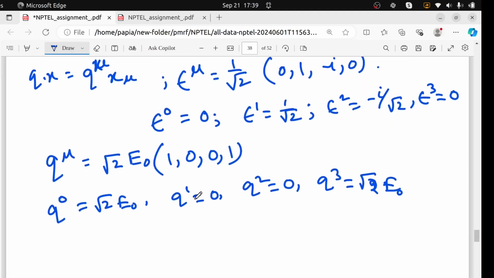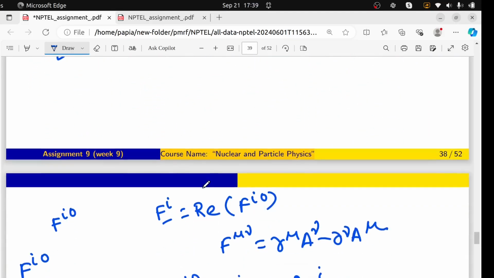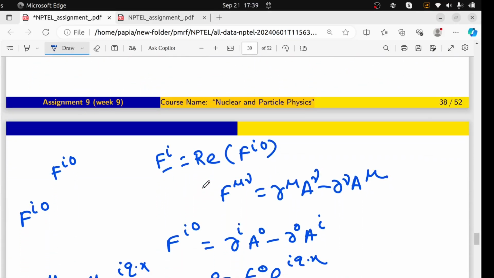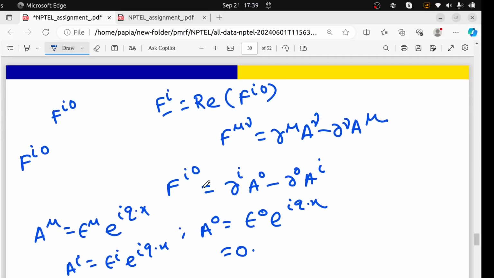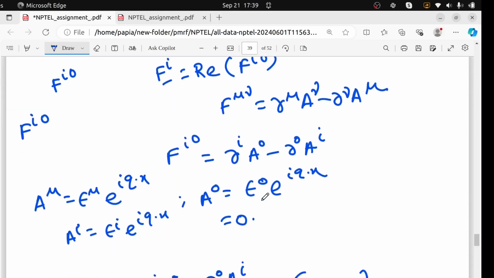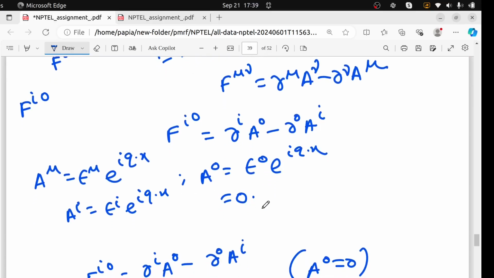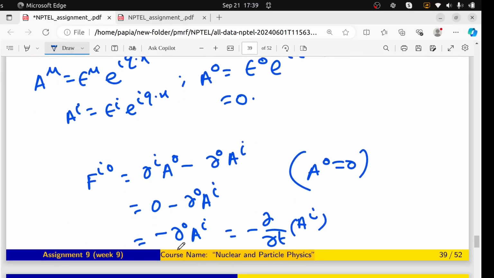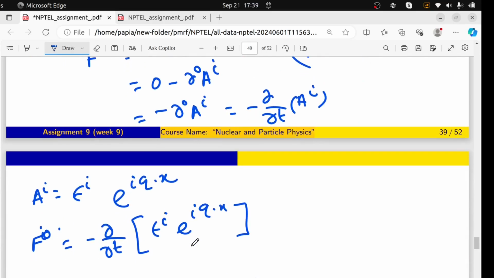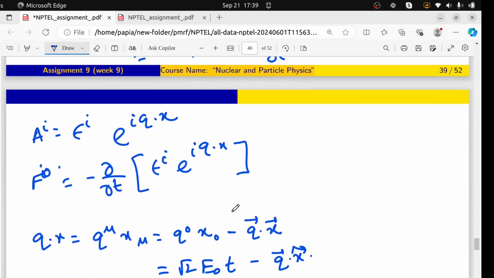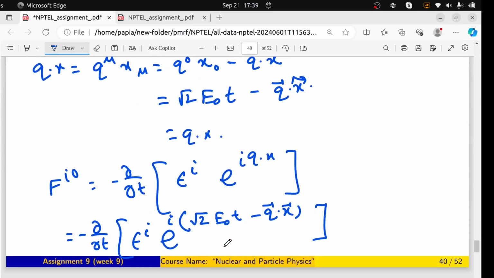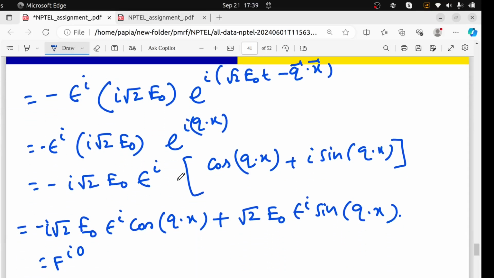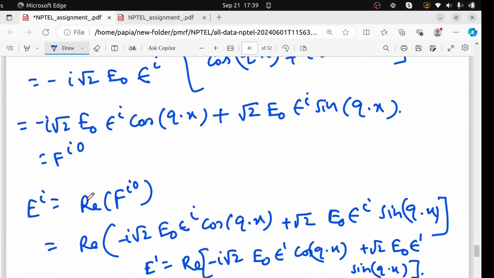First of all we wrote all the given values. Then Fi0 is nothing but del i A0 minus del 0 Ai, and A0 is 0, so obviously Fi0 gives minus del 0 Ai. Then we expanded Fi0 a little bit and got this expression. Now Ei is the real part of Fi0.